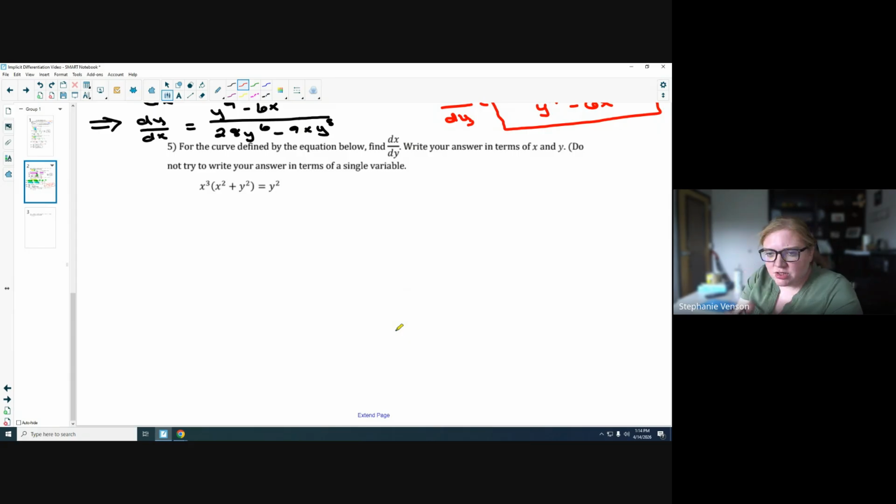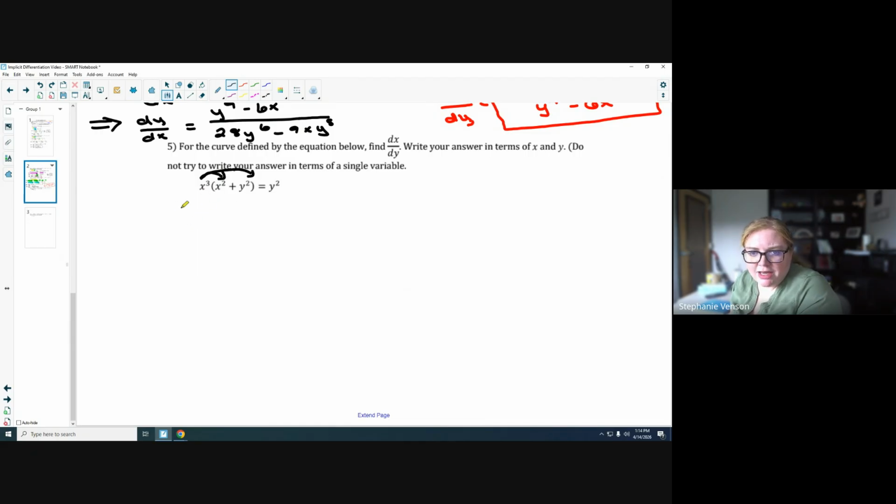Okay, so this looks complicated. Looks like we have x cubed times x squared plus y squared equals y squared. So you are allowed to move things around a bit if you want to. So one of the things that I'm going to do here is go ahead and distribute in this x cubed.